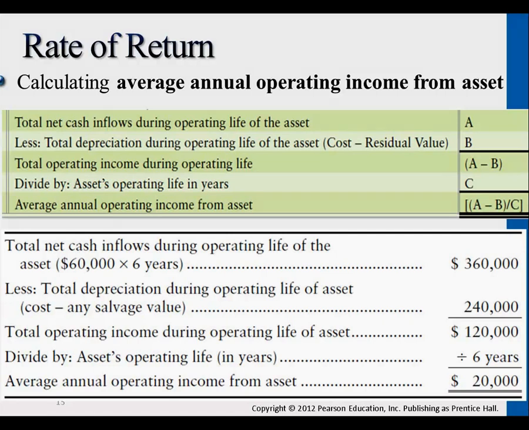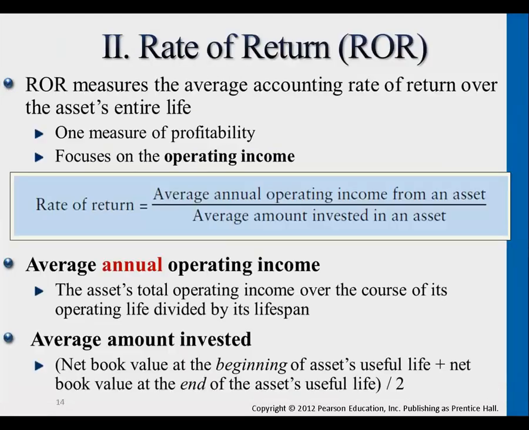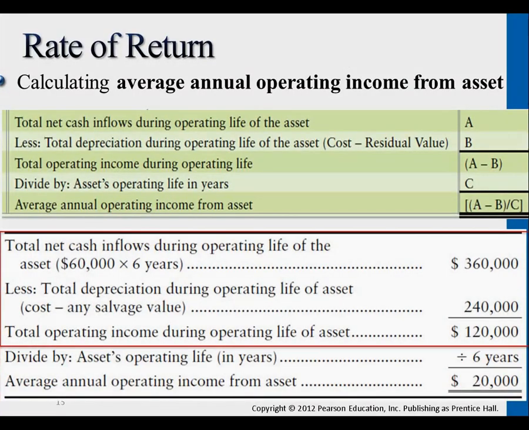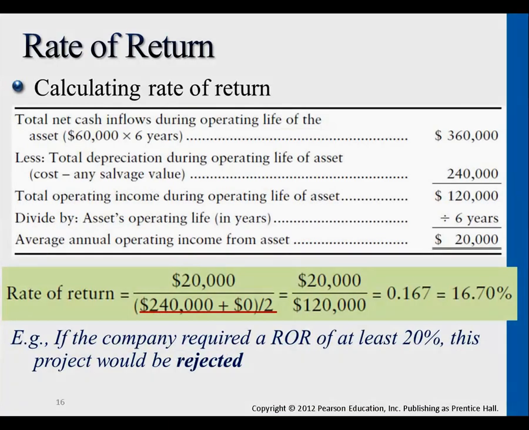This is an example of how we calculate the top portion of the rate of return formula that I showed you on the previous slide. Rate of return is average annual operating income from an asset divided by the average amount invested in that asset. Next we'll calculate that rate of return, and we already know how we found that $20,000.